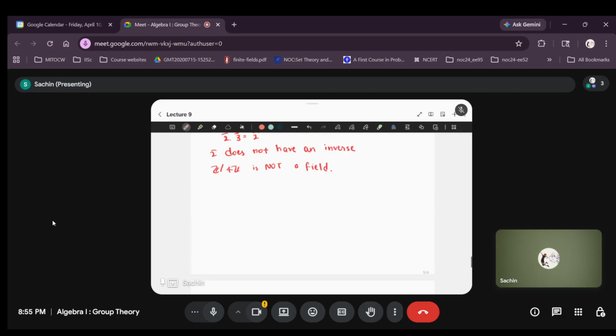In fact, Z mod nZ is a field if and only if n is a prime number. Why is that?